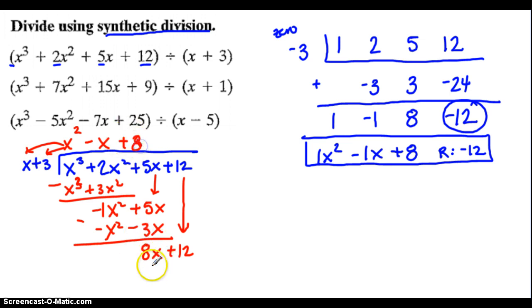Then I get 8x plus 24, because I have to do this times that, and 12 minus 24 is -12. So I see I get the same answer, x squared minus x plus 8. Again, this is our remainder -12, just like what we saw when we used synthetic. So synthetic is a much shorter, shortcut method for dividing polynomials.